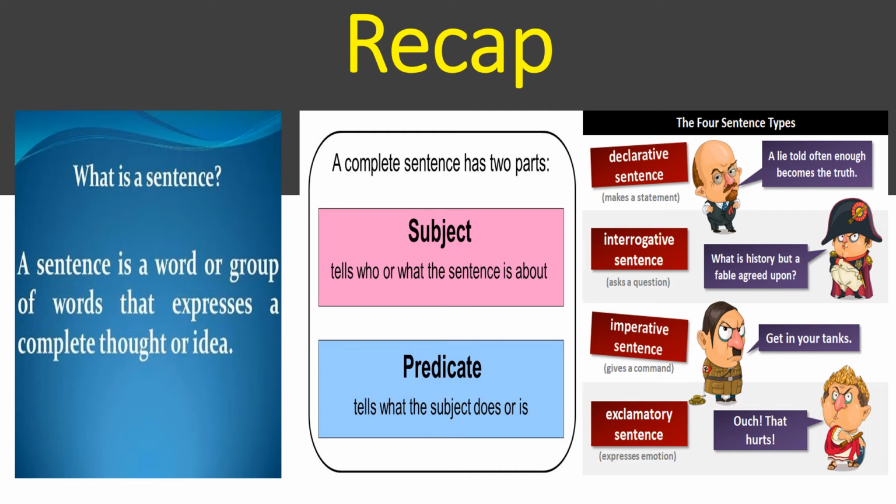Now, imperative sentence, an example. Stop troubling me. Or you can also use the sentence, turn left at the bridge. And for an exclamatory sentence, what an exciting movie it was. So that's an exclamation mark at the end.